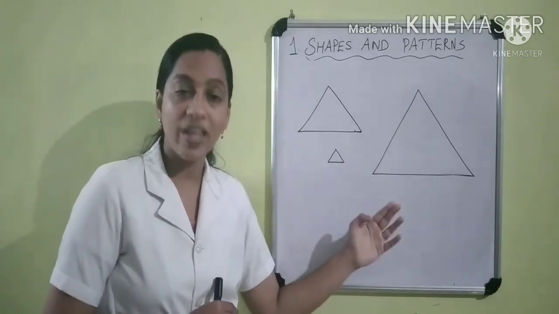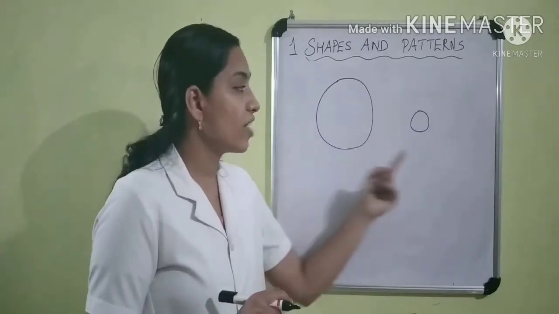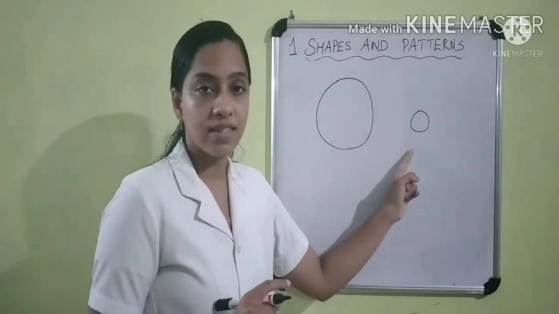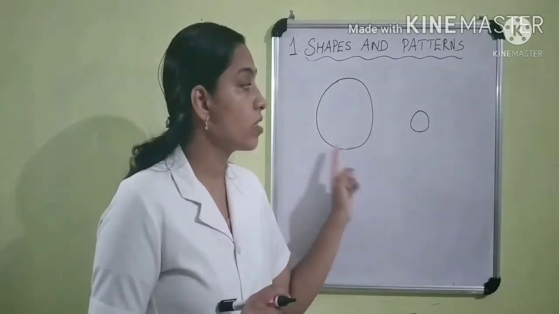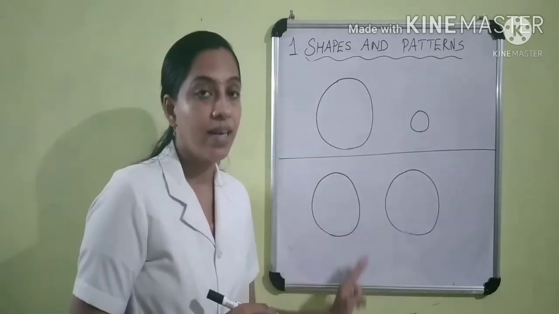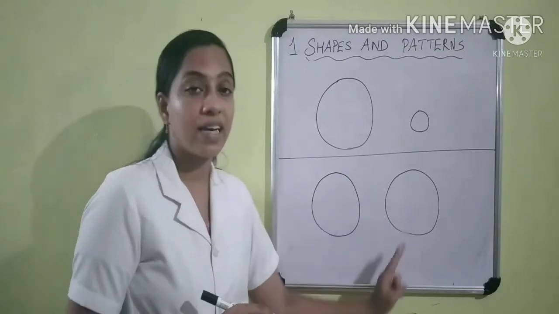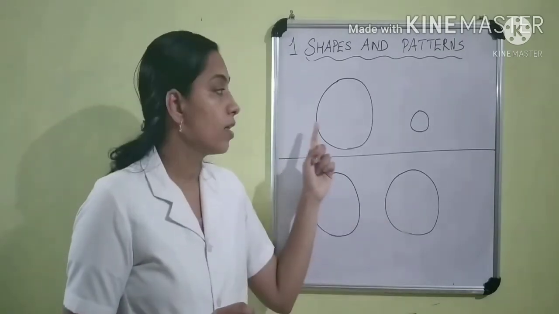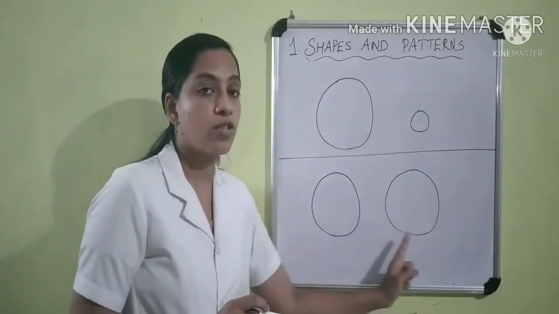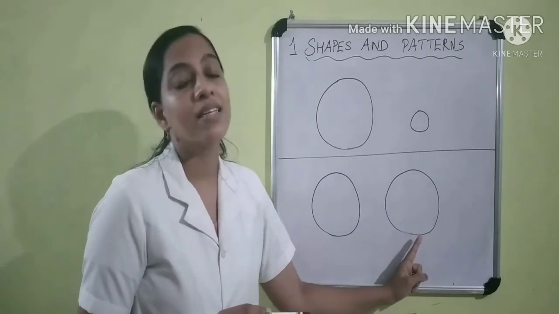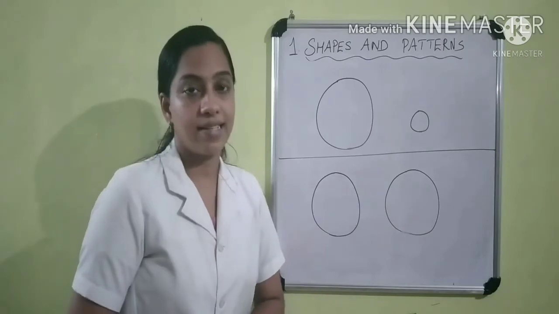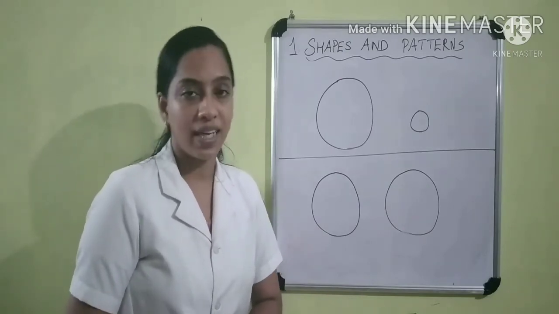Let us understand this with examples. Children, here you can see circles. One circle is big and the other circle is small. That is, the size of these circles are different. Here you can see 2 circles, but the size of these 2 circles are same. Here these 2 circles have different size, but here these 2 circles have the same size. That is, the shapes can be different sizes. Is it clear children? Okay.